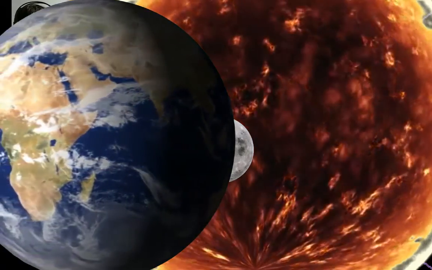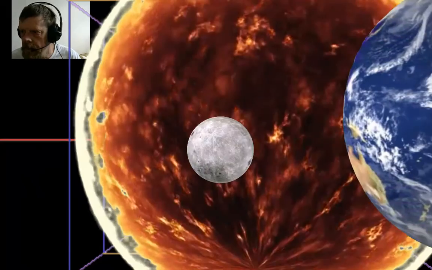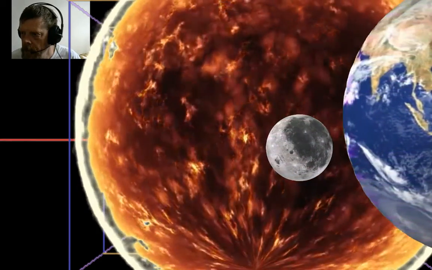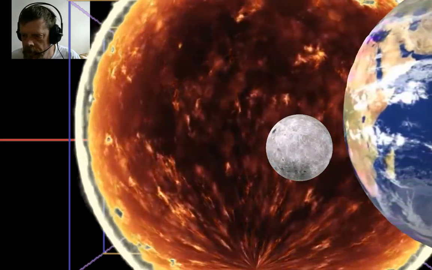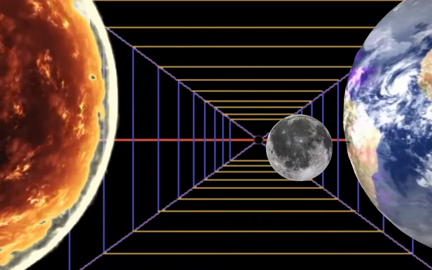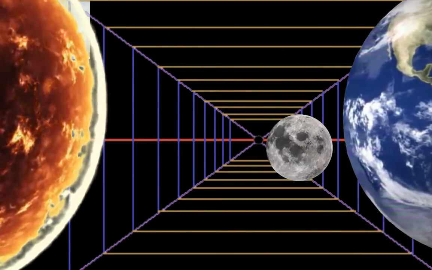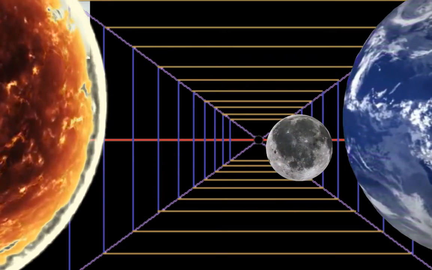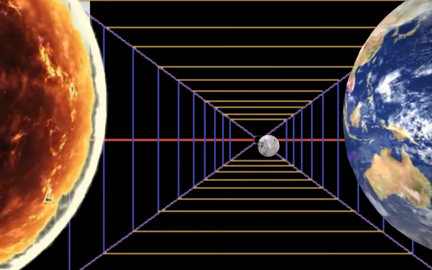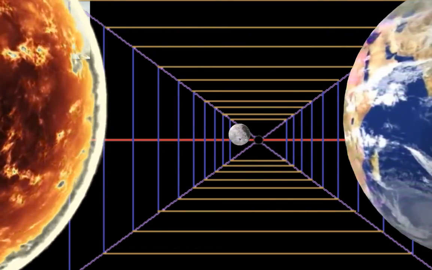Let's take the Earth. If we take the Earth, go there. And let's move the Moon. And let's move the Sun. And give us a little different perspective here. So let's put the Sun on the side. Let's make the Moon smaller. And say we're going to put the Moon there.